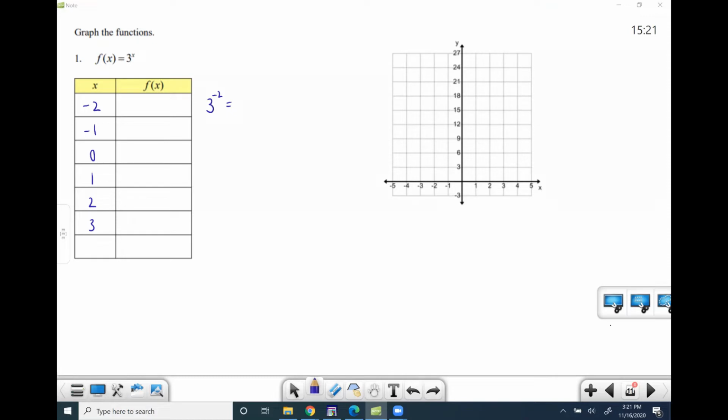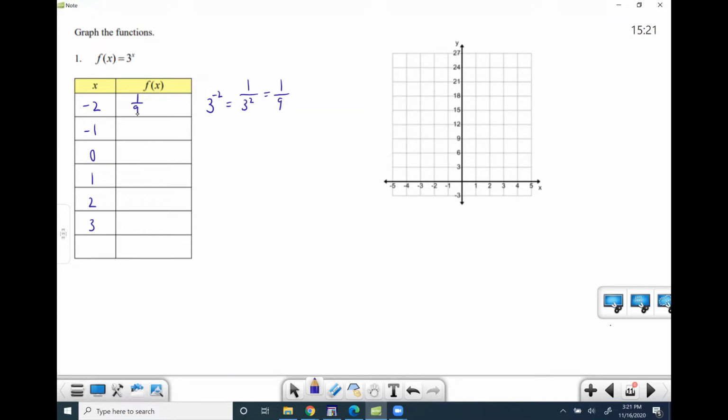Usually I have one person that knows. Well, isn't it gonna be 1 over 3 to the positive second? I think you just jogged a lot of people's memories right now. Put it under 1 or flip it or whatever your teacher said. So that's going to be 1 over 3 times 3, so that's going to be 1/9.